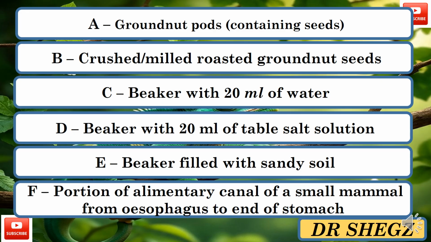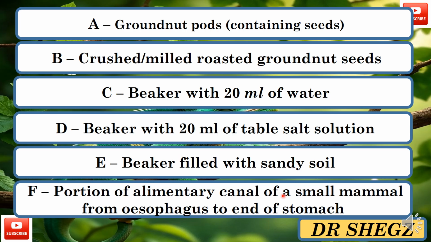Now these are the specimens. You have groundnut pods containing seed. You have crushed or milled roasted groundnut seeds. Beaker with 20 ml of water. Beaker with 20 ml of table salt solution. Beaker filled with sandy soil.